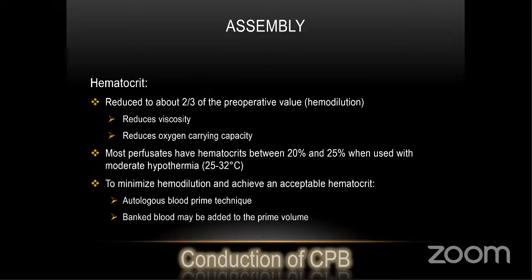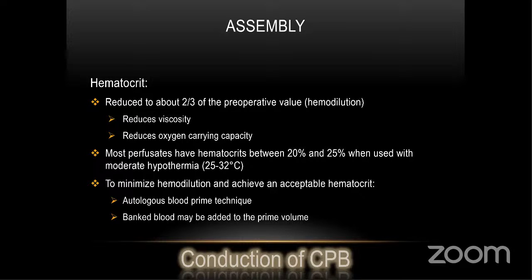This is a hemodilution effect. That also results in reduced viscosity, which is good for the pump, but reduces oxygen carrying capacity. So most perfusates have a hematocrit between 20 to 25 when used with moderate hypothermia between 25 to 32.